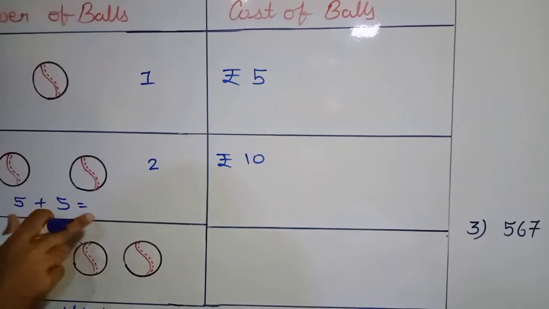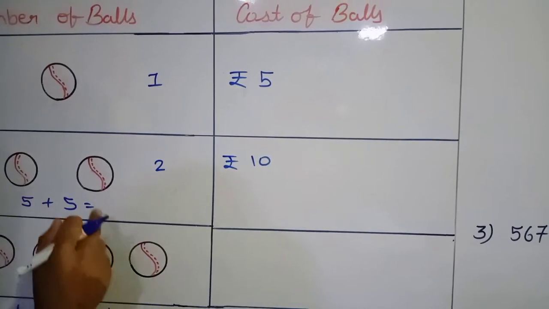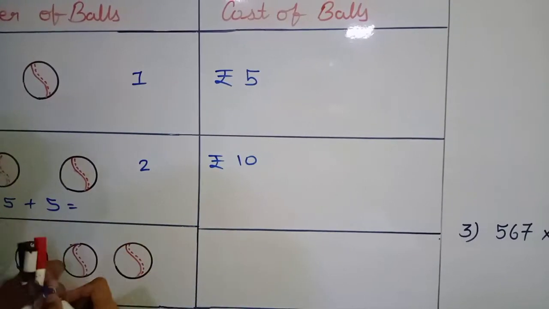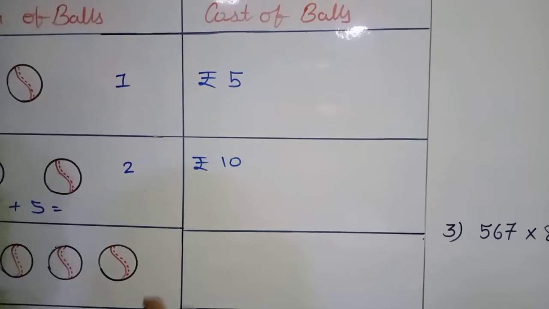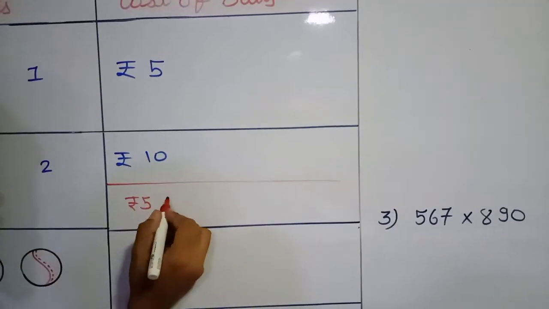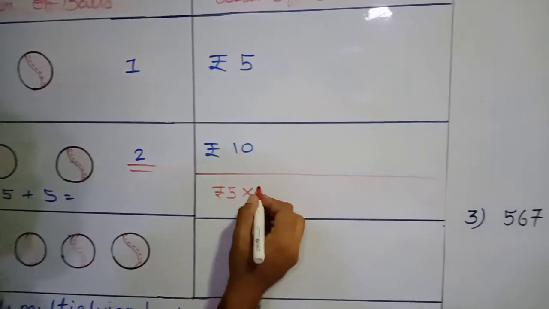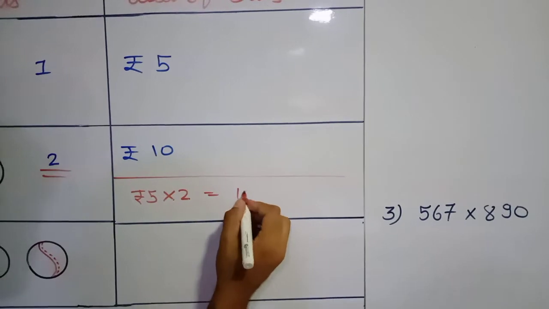Then another way to get that answer 10: as I said, the cost price of one ball, that is 5 rupees, multiplied by the number of balls. Here we have 2 balls. 5 twos are 10.